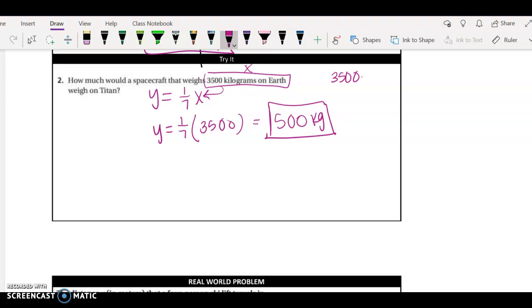Even though this is now in kilograms, it's still 1/7 of what it would be on Titan. So we just take 1/7 times that 3,500, and we find out that on Titan, it would weigh 500 kilograms.